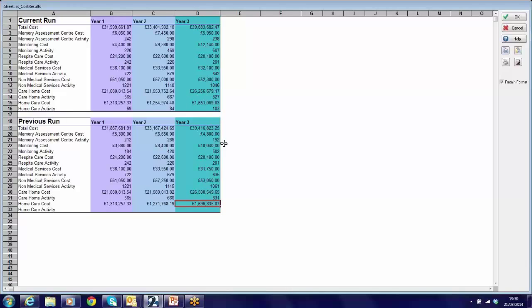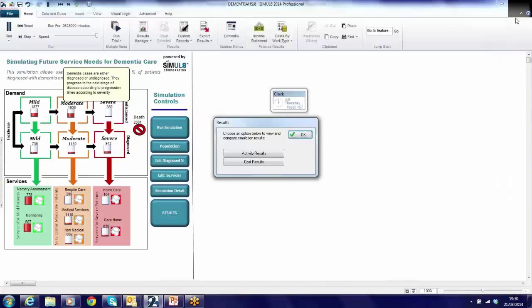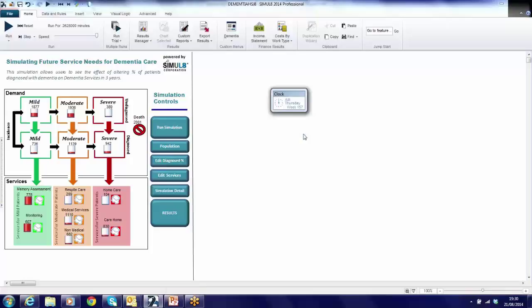So we've got slightly fewer people by the end of our run who are in care homes in year 3 than we did in the scenario where we didn't have so many people diagnosed. So it's allowing people to test out the different interventions based on the likely disease progression and understand that in terms of cost and activity.